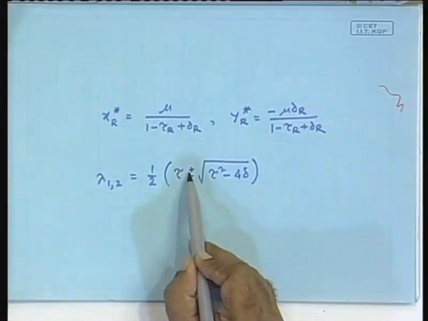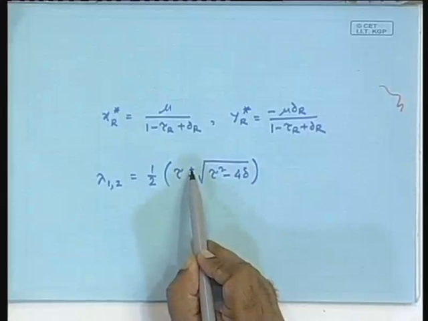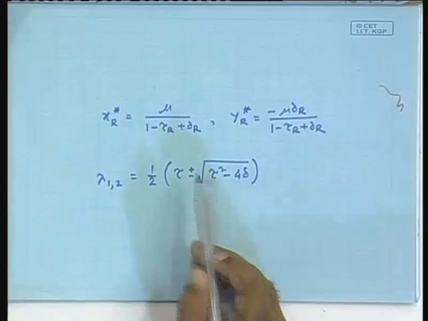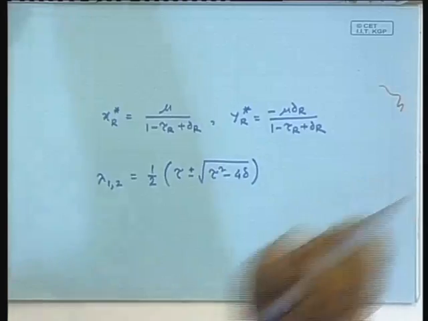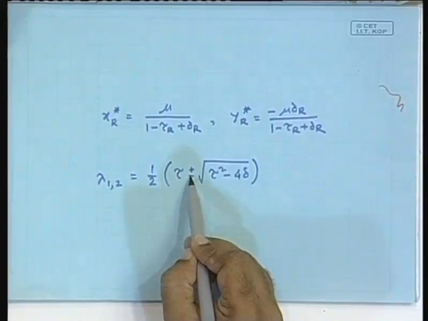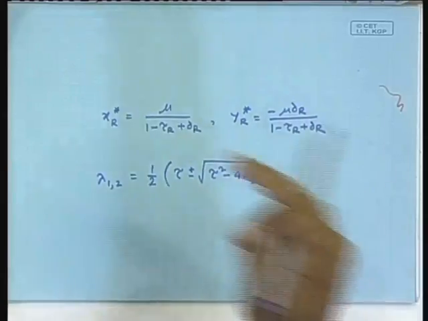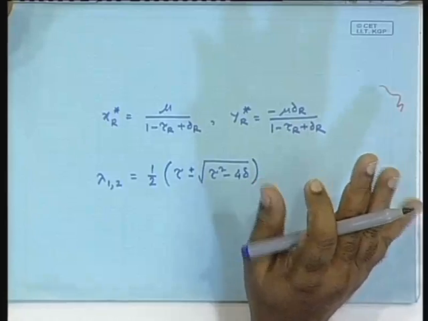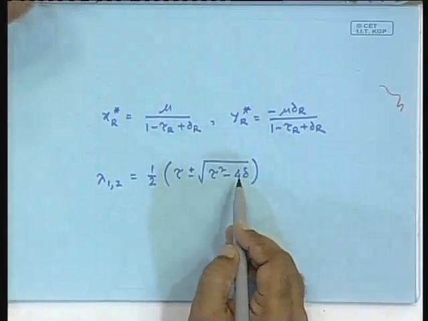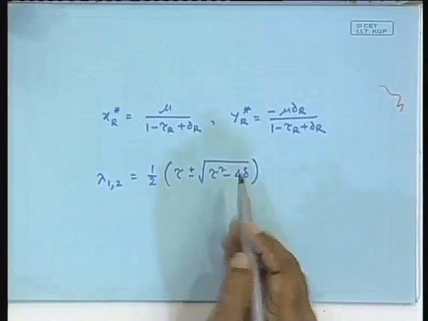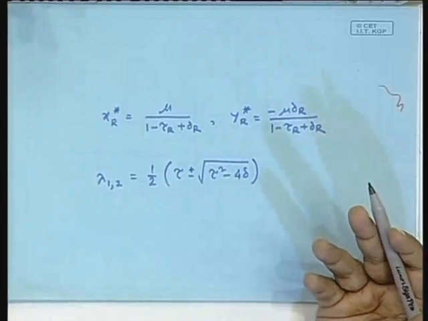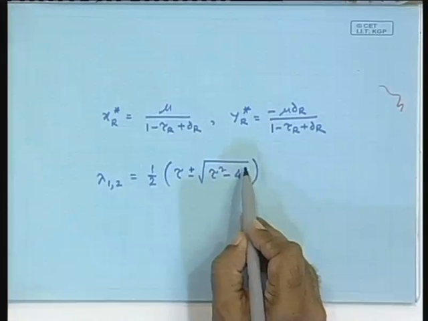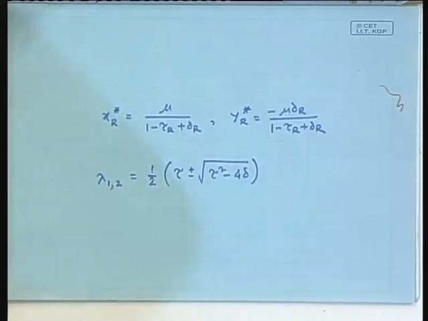So, one condition is when this plus thing is substituted by plus 1, you take the larger one, that equals plus 1, that is one point where it can become unstable, or the other one, the lower one, when it becomes equal to minus 1, that it can become unstable, or if there is a pair of complex conjugate eigenvalues, and you can easily find out the condition when the eigenvalues will be complex conjugate. When?